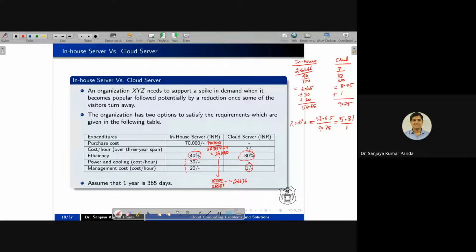It may be given that we increase the in-house server to 70%, or decrease the cloud server by 10%. Then you can compare whether the in-house server is better or the cloud server is better. In this way you can determine which one is better.